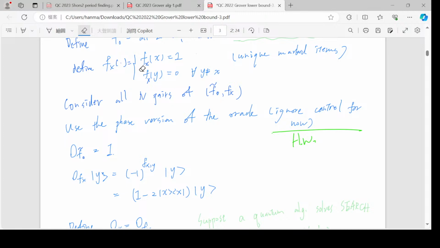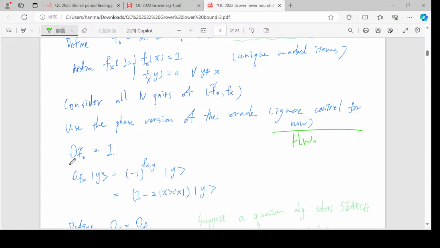Anyway, for now we assume the oracle we use is a phase version. We ignore the control register, but it can also be done with the control register. To just show how this method works, we make the oracle a little worse.